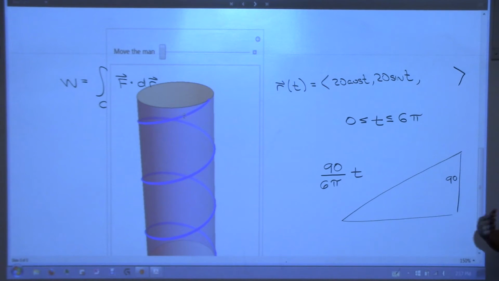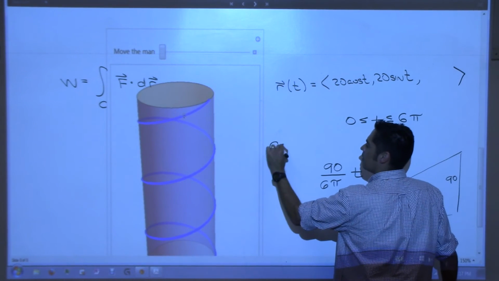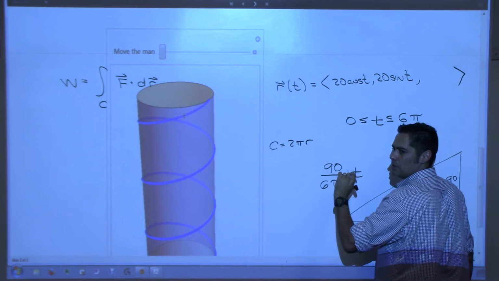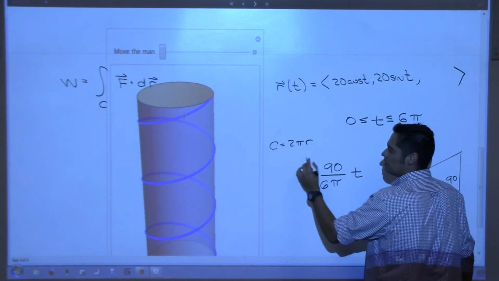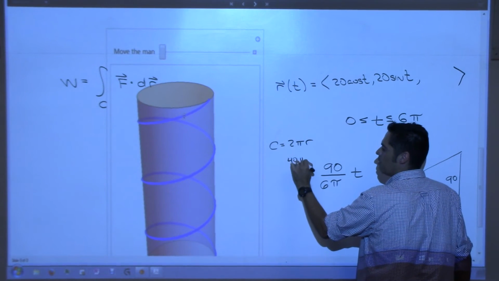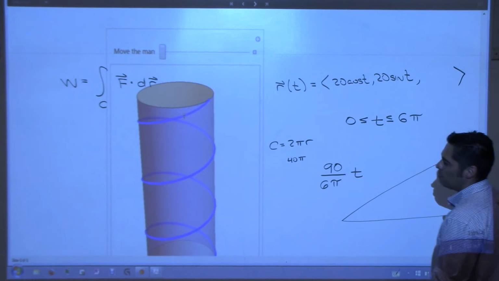It's 3 times the circumference of one circle. What's the circumference of a circle? 2 pi times r is the circumference of a circle. R was, so 40 pi is the circumference, and then do what?